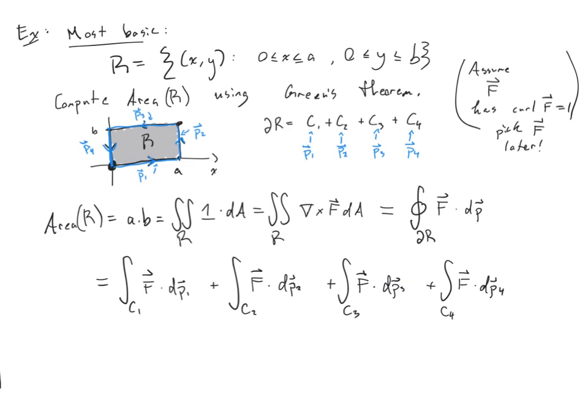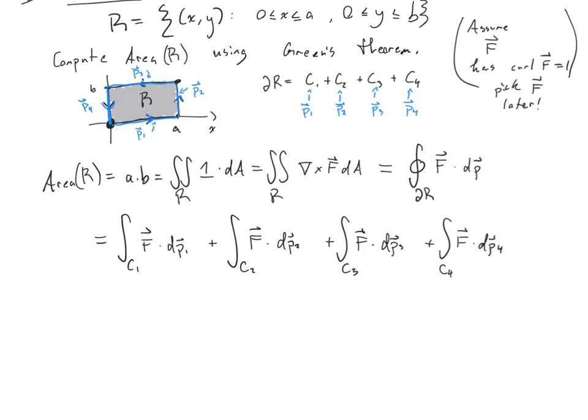So I'm going to use that to set up what P1, P2, P3, and P4 are. You can pick different parameterizations, but my P1 of t is just, well, the y component is always 0, and the x component goes between 0 and a, so I'm just going to make it t, and I'll make the bounds for t be 0 to a. That's very simple for me to write down.